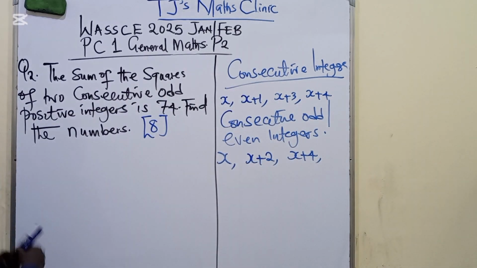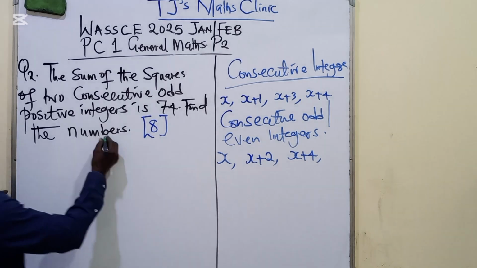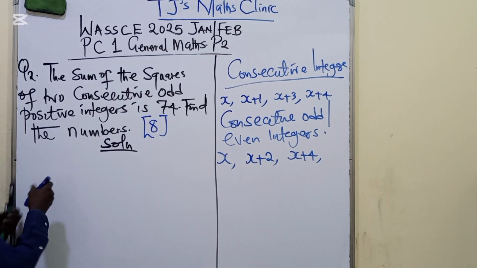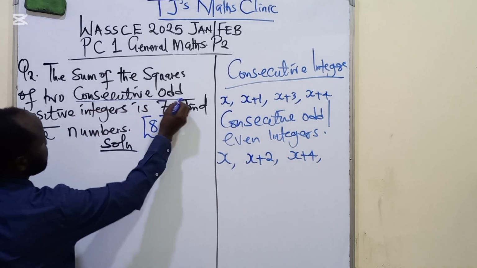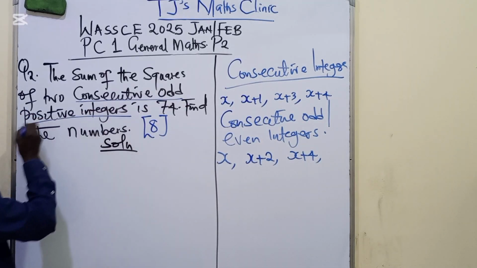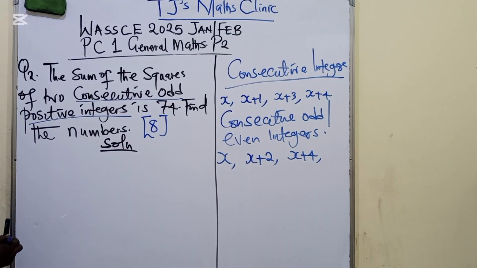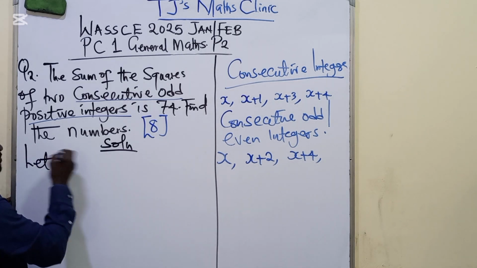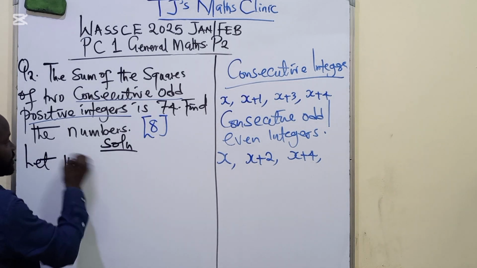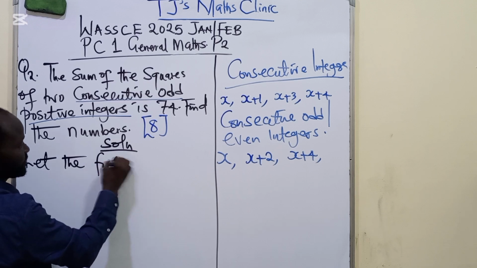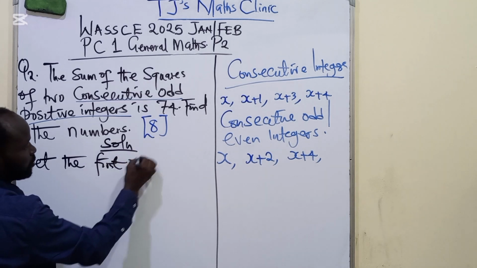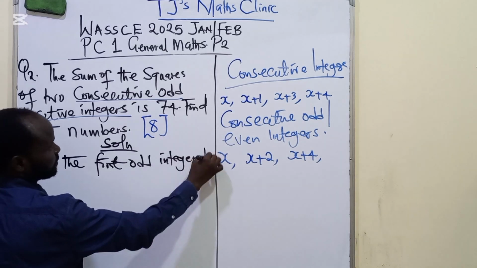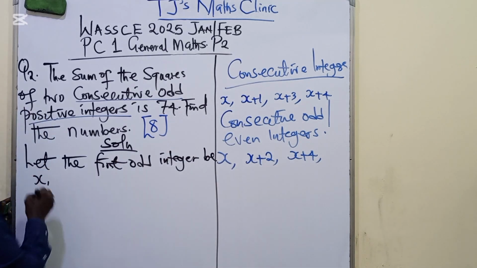Let's look at how we can now solve this question. Very important. Let's write down the solution. We are talking about consecutive odd integers now, positive integers. Very important. So the first thing to do, let the first odd integer be x.